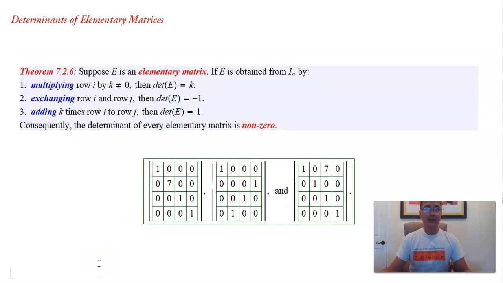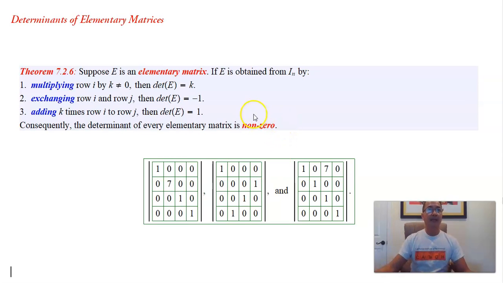Okay, so we're getting closer to our method to find a determinant using row operations. So let us now look at elementary matrices, which are, of course, produced from the identity by performing exactly one elementary row operation.